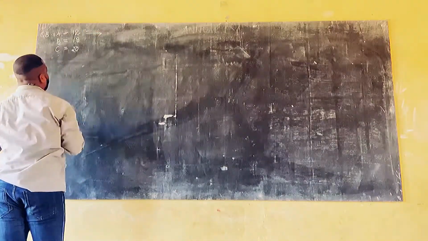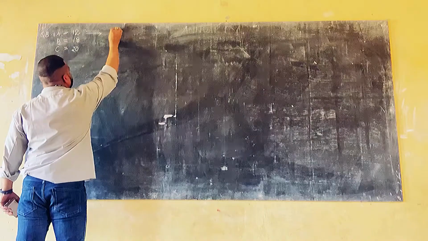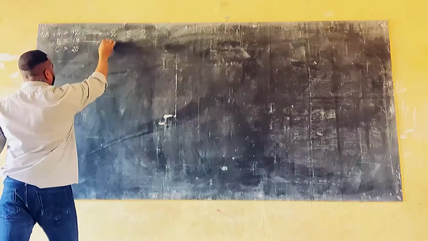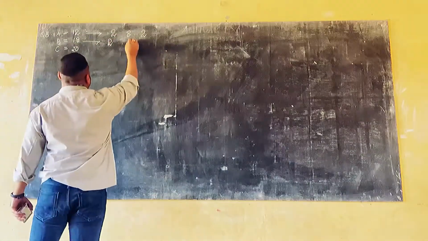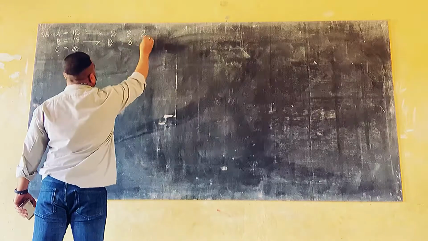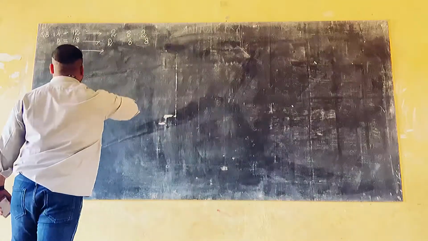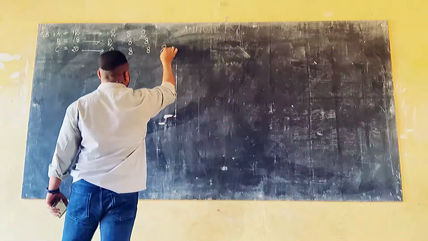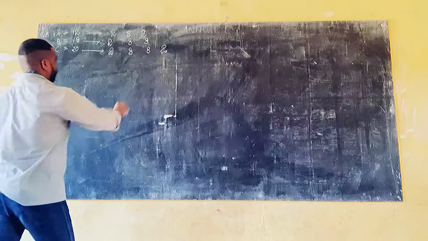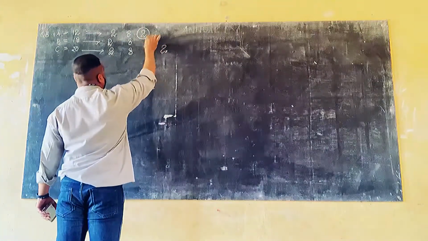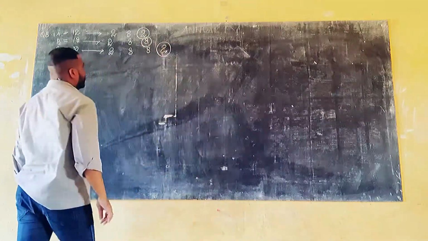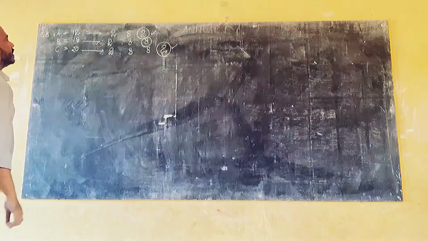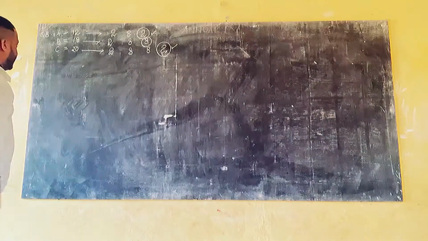So electronic configuration of A is 2, 8, 2. Electronic configuration of B is 2, 8, 8, and electronic configuration of C is 2, 8, 8, 2. Valence electrons: here A and C have the same valence electrons.